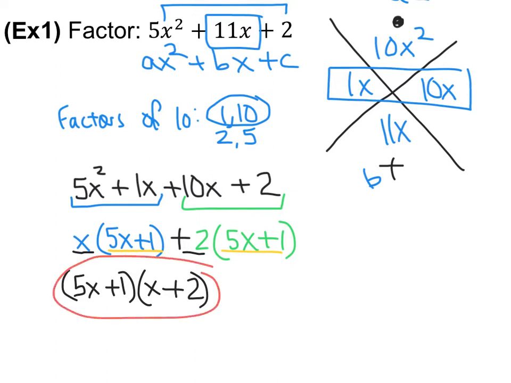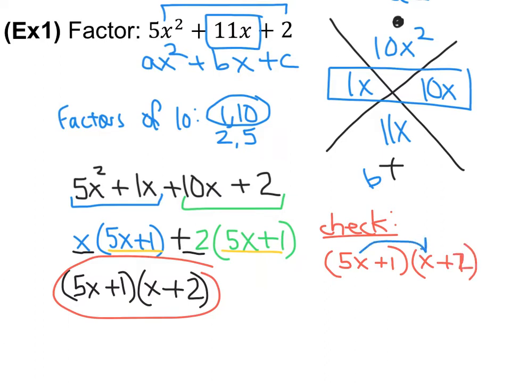Because we're in algebra, all algebra and geometry students are required to do a check. So write the word check and rewrite our answer. Our answer is our factored form, 5x plus 1 times the quantity x plus 2. And distribute. So we're going to multiply by the 5x in both pieces of the second parentheses, and we'll multiply by the 1.